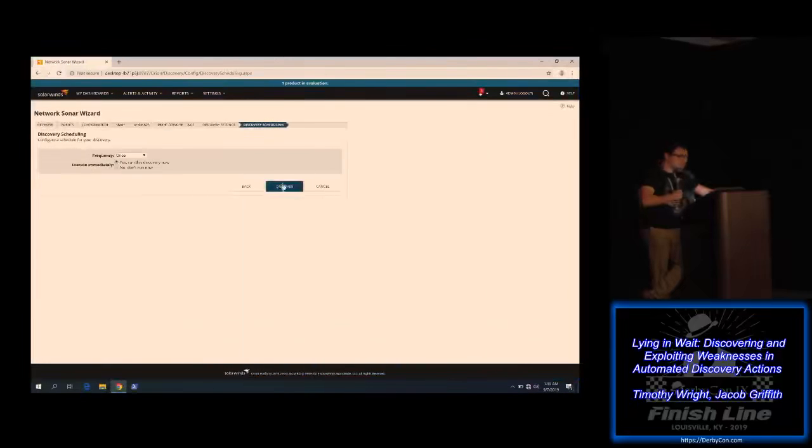So I'd set up the SNMP strings and then kick off the scan.